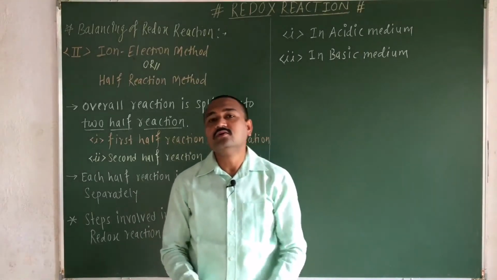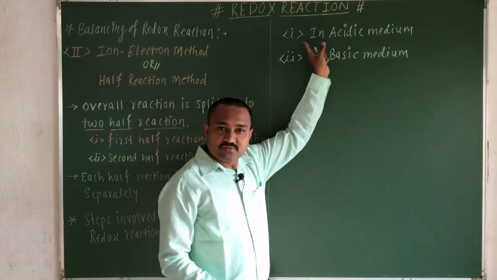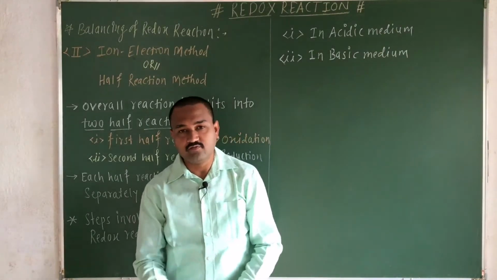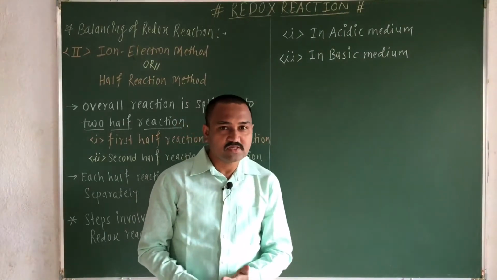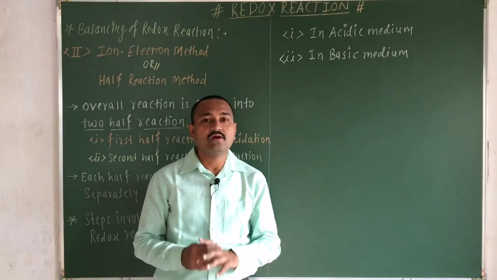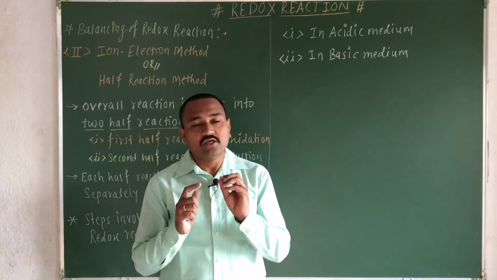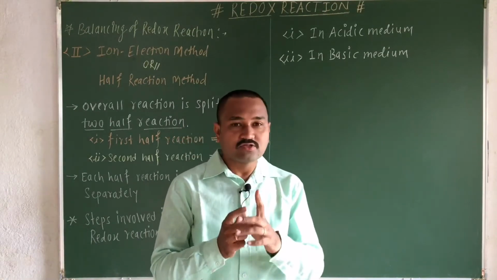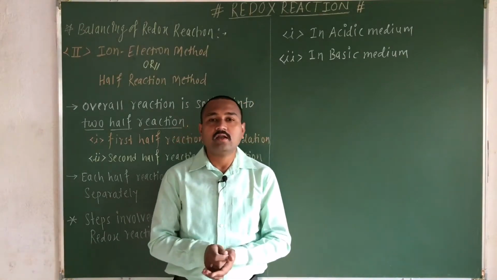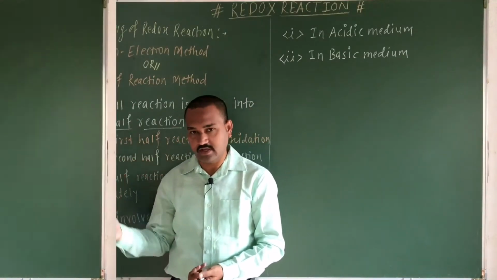So in today's lecture we are going to start with the first method, that is we will balance the redox reaction in acidic medium. I will read out the steps and simultaneously we will apply each step to the example, so that you will understand each step and how we can balance this redox reaction.